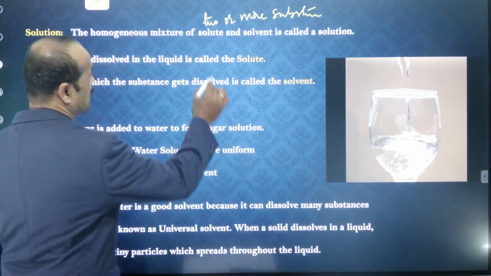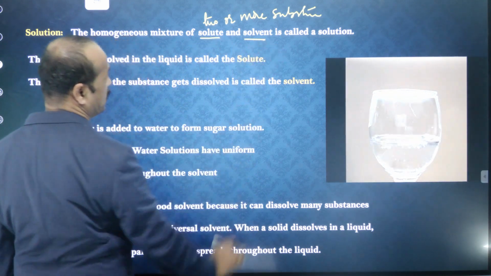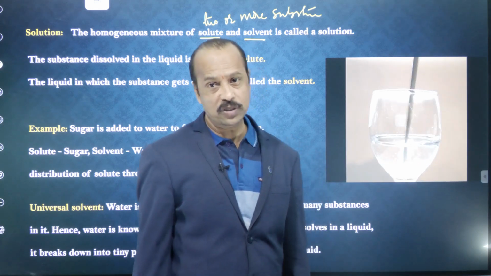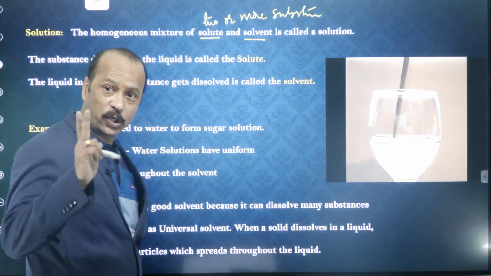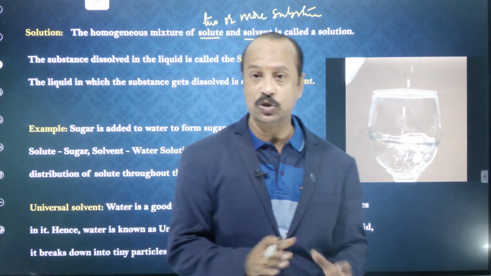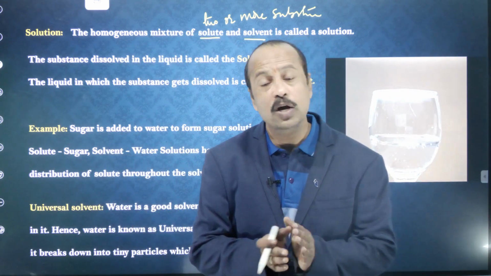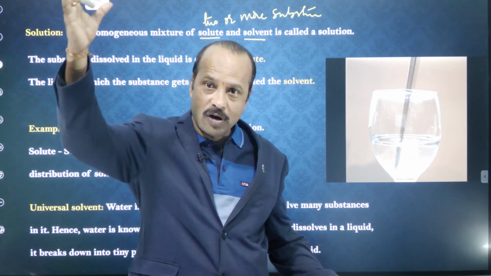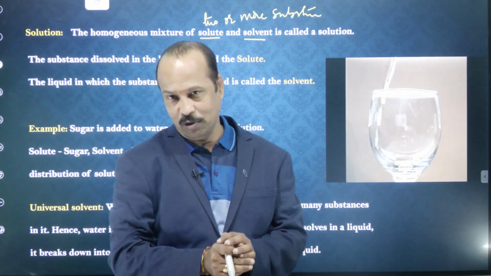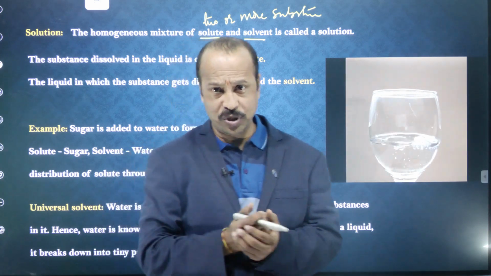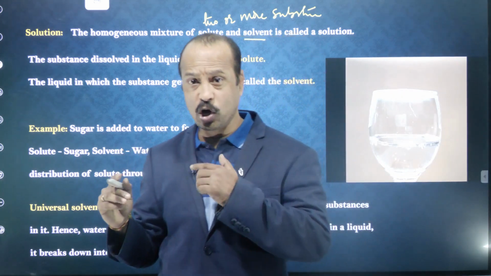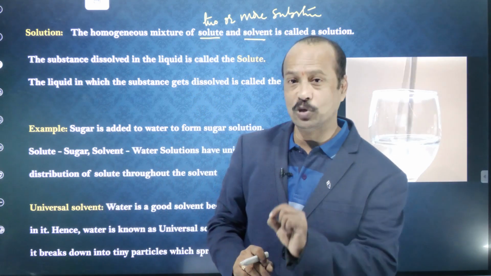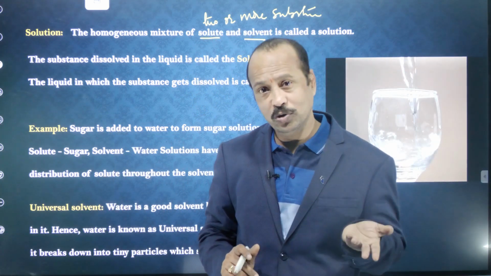But I said, if it consists of only two components, solute and solvent, then that is called a binary solution. Okay, students. So, a binary solution consists of only two components. One is called solute, the other one is called a solvent. Which is relatively less in quantity is solute, which is relatively large in quantity is called a solvent. If you have milk with sugar, then milk is a solvent because it is a cup of milk, and sugar is a solute because it's only 1 or 2 spoons, right?